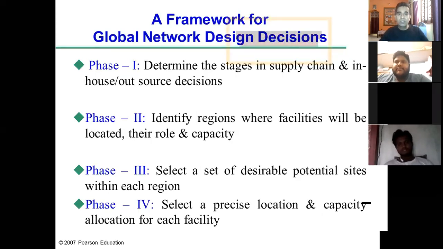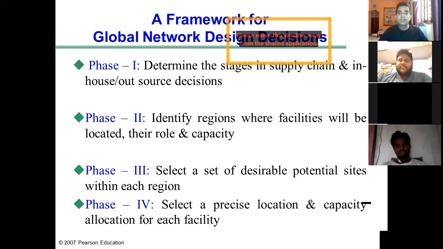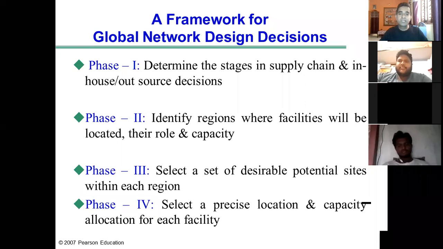Phase 2, the company identifies the regions where facilities will be located. Facility, when I say, means manufacturing units or warehouses, and the role of the facility and capacity of the facility are also identified during this phase. Phase 3, the company selects a set of desirable potential sites within each region and evaluates these potential sites.